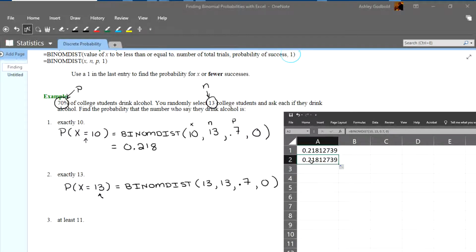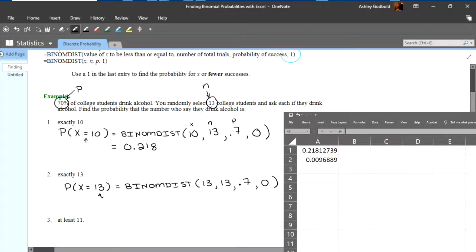But what I want to do is change the first number to a 13. So the probability of exactly 13 students saying they drink alcohol is 0.00969. And we're doing 3 significant digits here, so these 2 zeros don't count.